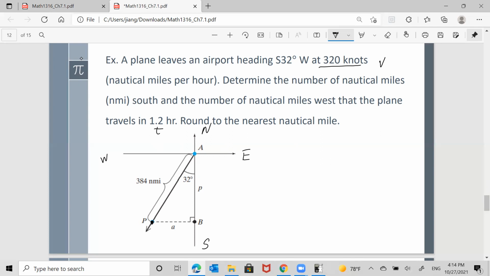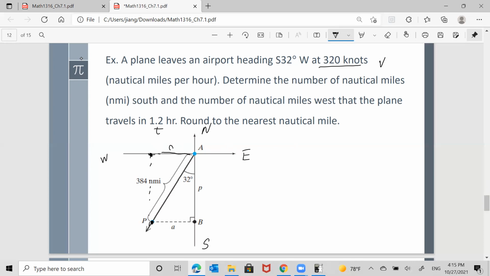How many miles did this airplane travel to the south? Oh no, this is the west. How many miles did the airplane travel to the west? How many miles did the airplane travel to the south? That means it's looking for the distance from A to here, traveling to the west, and then A to B, traveling to the south.